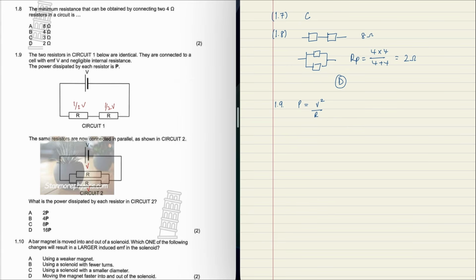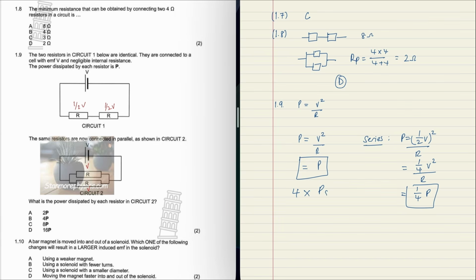So in parallel, power is equal to V squared over R, and here we're just going to have P. Let's just do series as well. In series, power equals half V all squared over R. That simplifies to a quarter V squared over R, which is a quarter P. So if in parallel they have a power of P, and in series they have a power of a quarter P, it means that in parallel it is 4 times the power that is in series. So the answer there, 4P, is B.